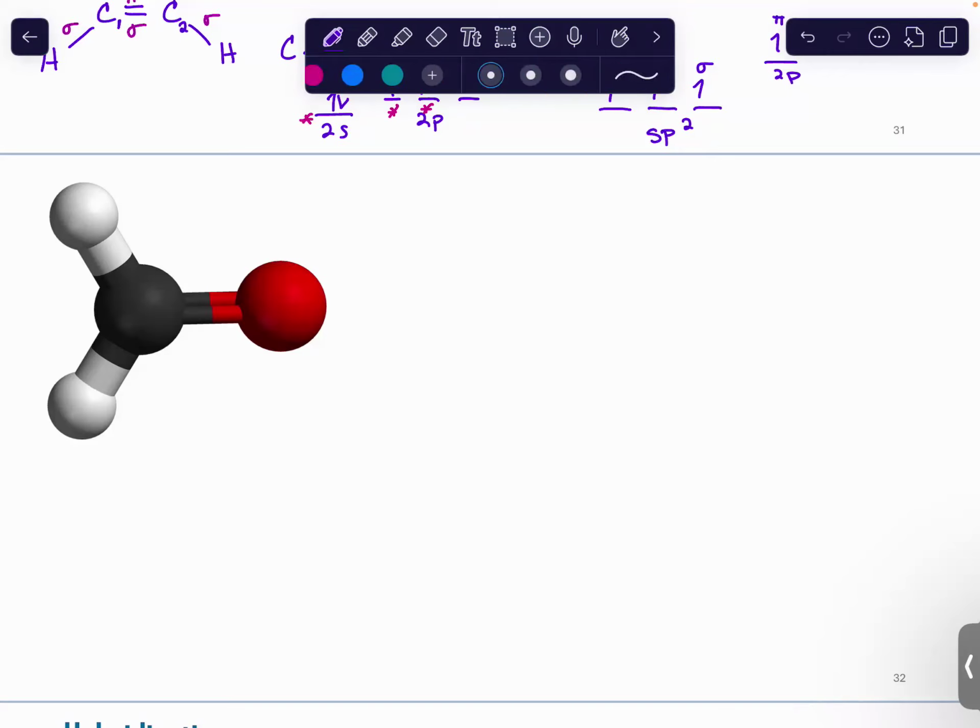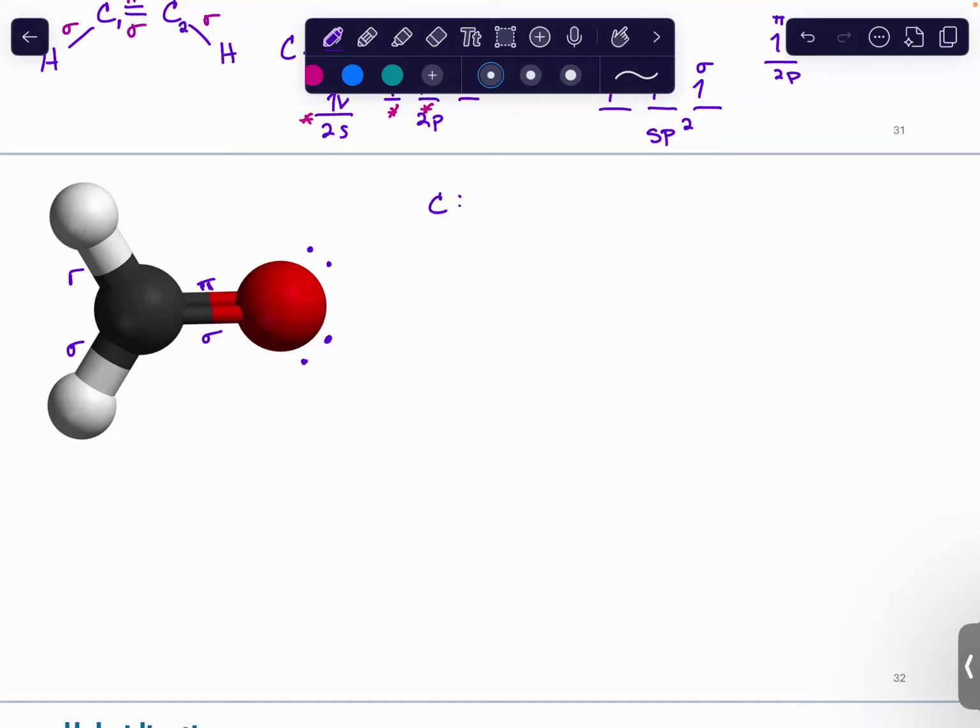Now remember, your oxygen is going to have lone pairs around it. So my carbon, notice how I have a sigma, sigma, a sigma, and a pi. You have a double bond in the center. So the carbon's going to have to form 3 sigma bonds and a pi bond.